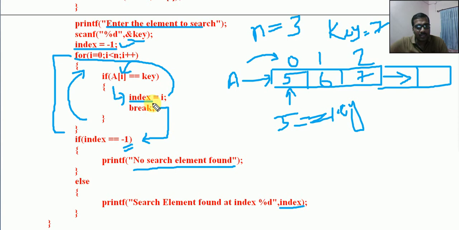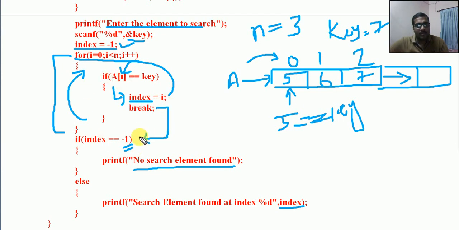Now 2 is assigned here, so the element is found at index 2. Clear? So whenever we find that value for the first time, it will assign that index, then it will break from the loop.